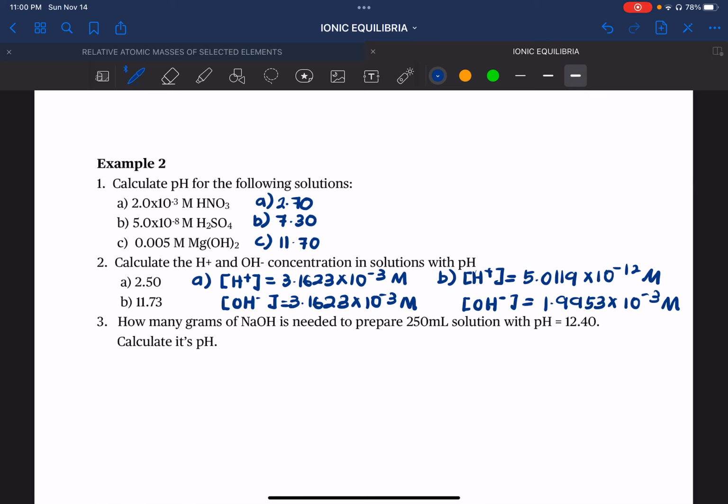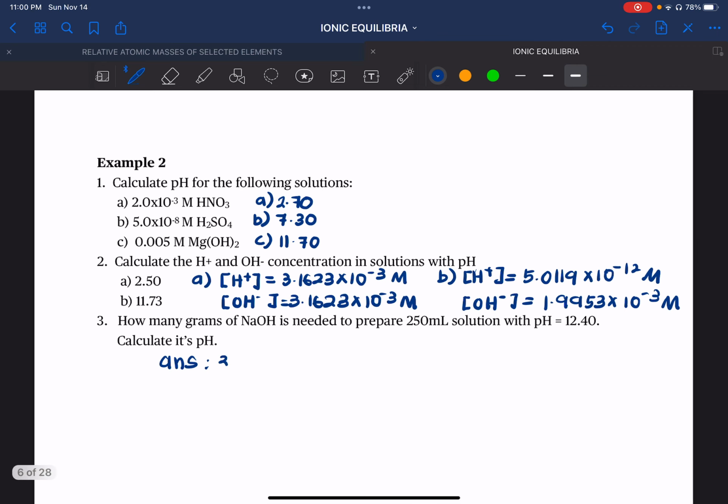Okay guys, cuba kira sekejap. You should get, ambil 2 tempat perpuluhan, 0.11 gram.